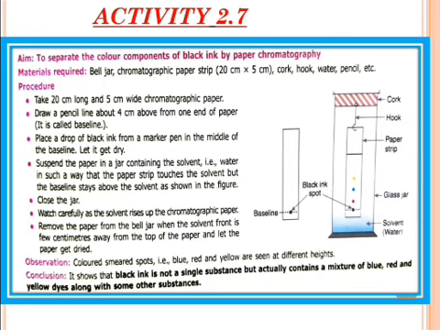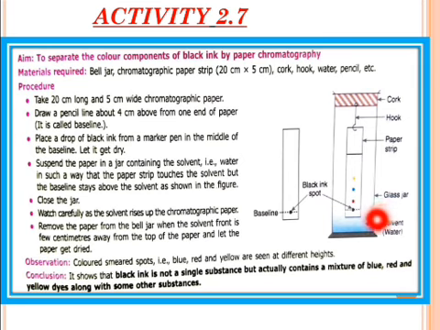Suspend this paper in a jar containing the solvent, that is water, in such a way that the paper strip touches the solvent but the baseline stays above the solvent as shown in this figure. Close the jar.